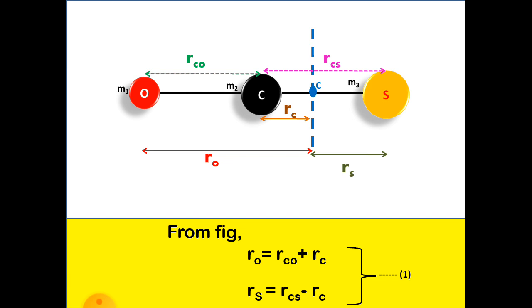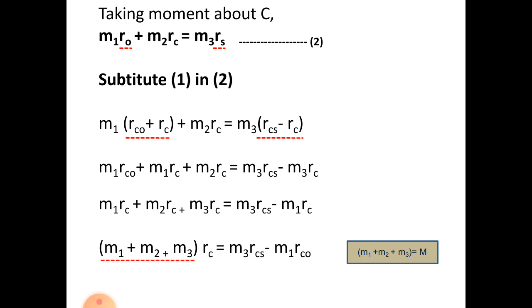Then write the relations connecting RO, RC, RS, RCO and RCS. Then RO equal to RCO plus RC, RS equal to RCS minus RC gives equation 1. Taking moment about the common point C, M1 RO equal to M2 RC plus M3 RS. This is equation number 2.